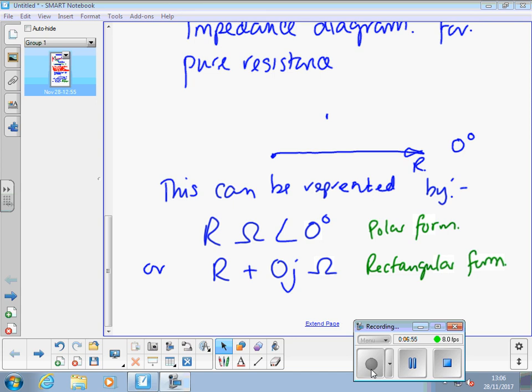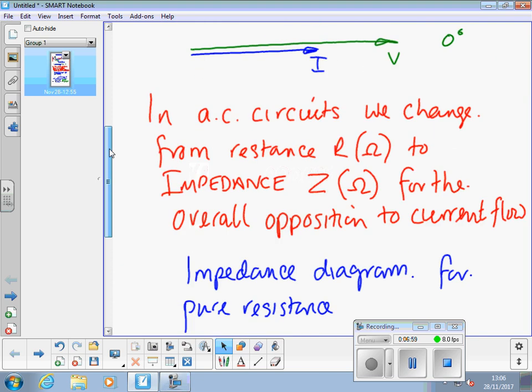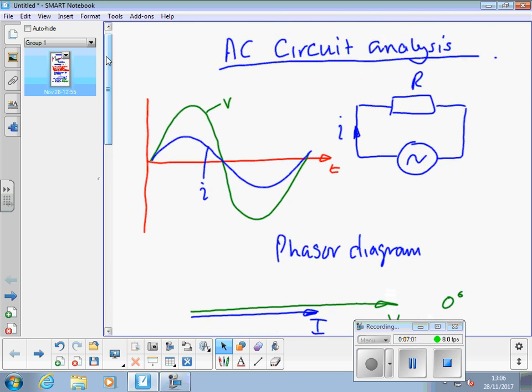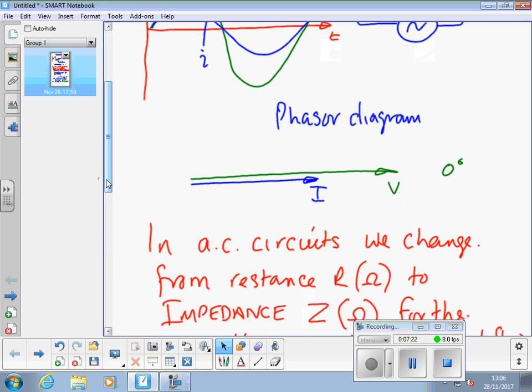Okay, so just to summarize for clarity, if we have an AC circuit with just resistance, we end up with a voltage and a current waveform that are in phase with each other, i.e. they cross the x-axis at exactly the same time and in the same direction. The phasor diagram has both the voltage and the current phasors left to right, or at 0 degrees.